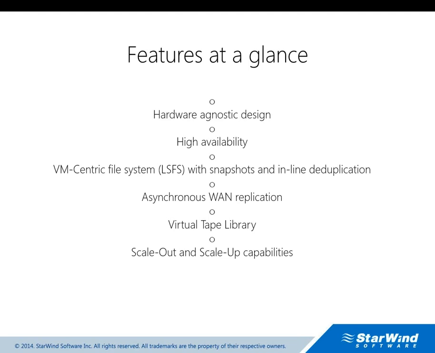I already covered the hardware agnostic design, so that's our philosophy. StarWind can run on any server hardware, as long as it fits our system requirements. The second main point is high availability.